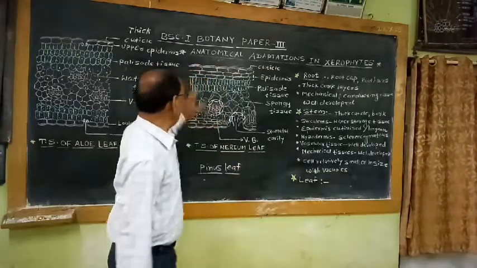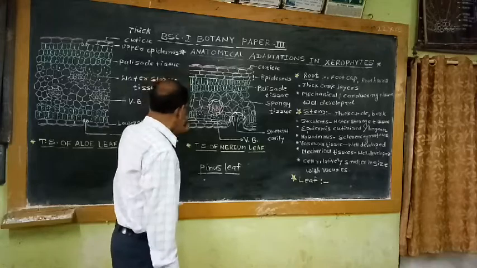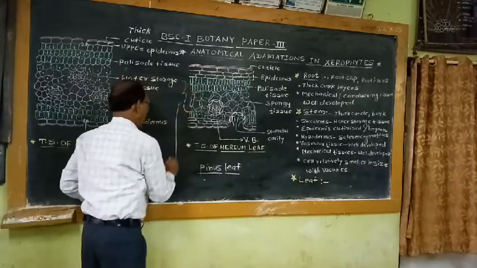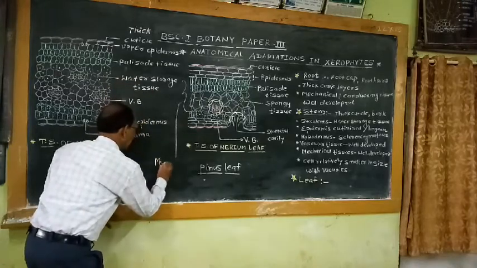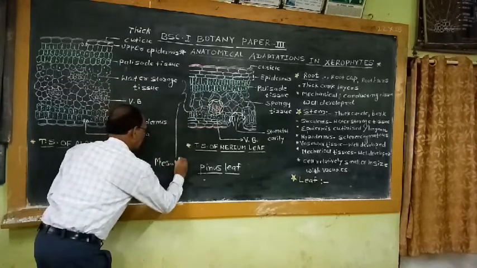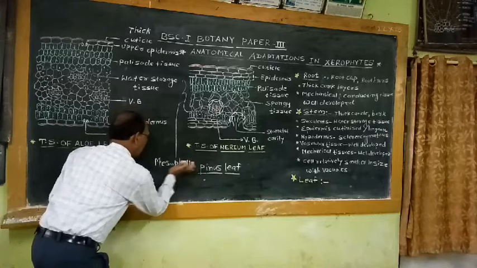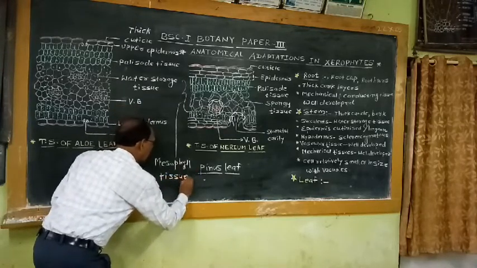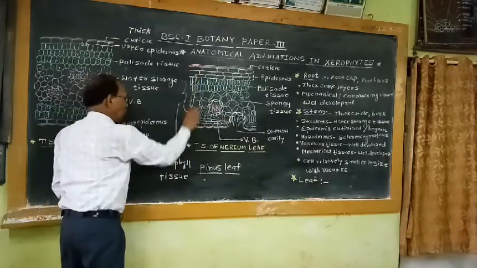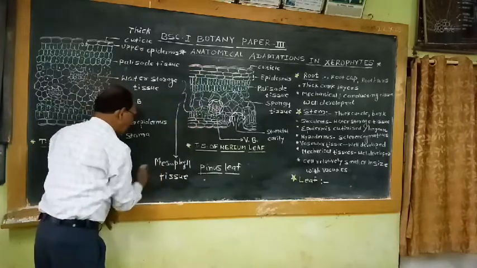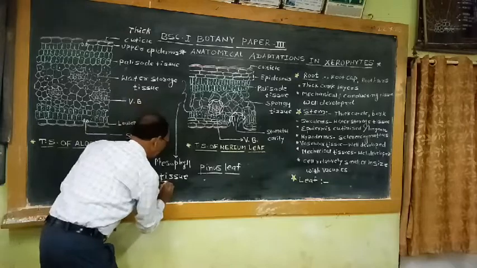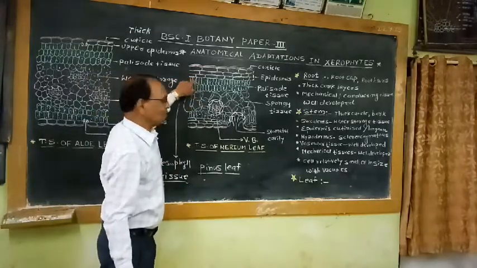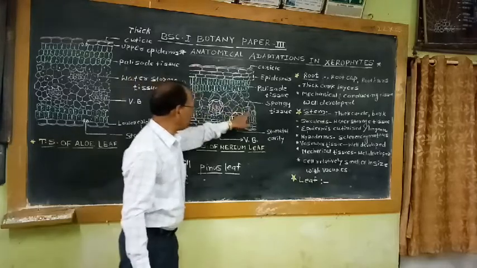Then in between both epidermis, upper epidermis and lower epidermis, this middle portion is commonly called the mesophyll tissue region. This mesophyll tissue is well differentiated into palisade tissue and spongy tissue.